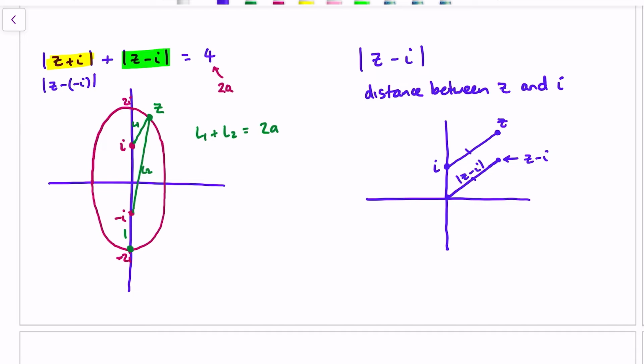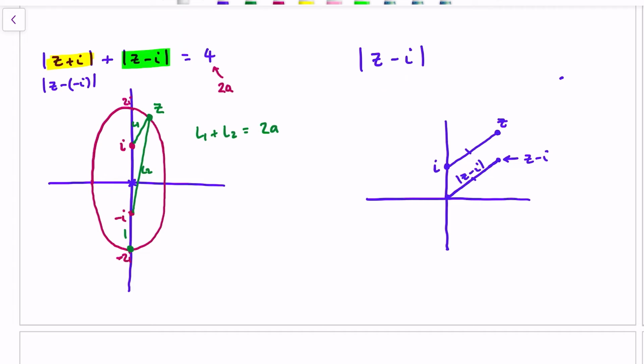And because the sum of those distances is a constant, and I just made that constant 4, I put foci in at i and minus i, and I use the property of an ellipse where the sum of the two distances from the ellipse to the focal points is a constant, to get the major axis having a length of 4. Because the foci are equally spaced, one above the origin and the other below the origin, the center of my ellipse is the origin.